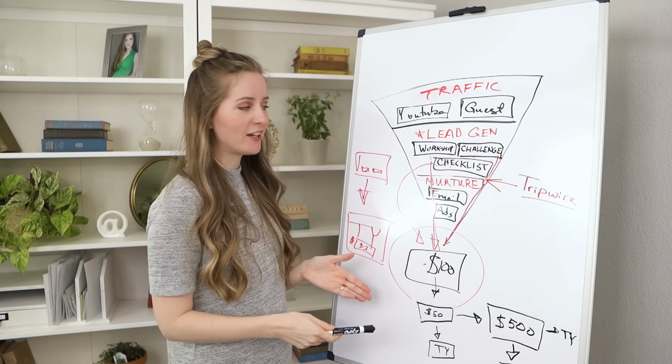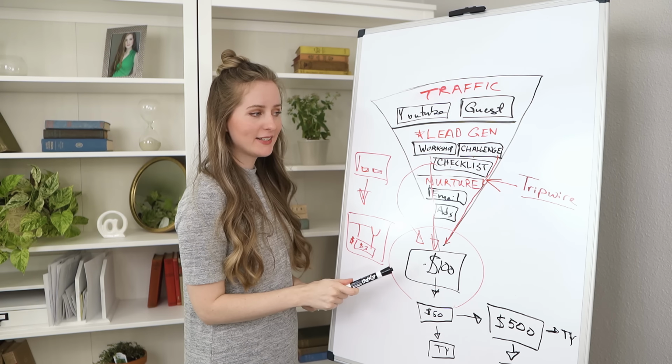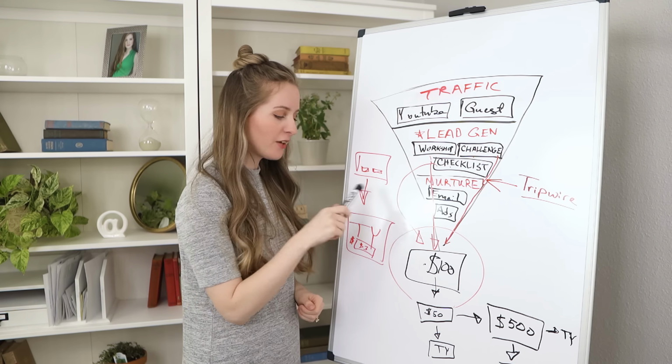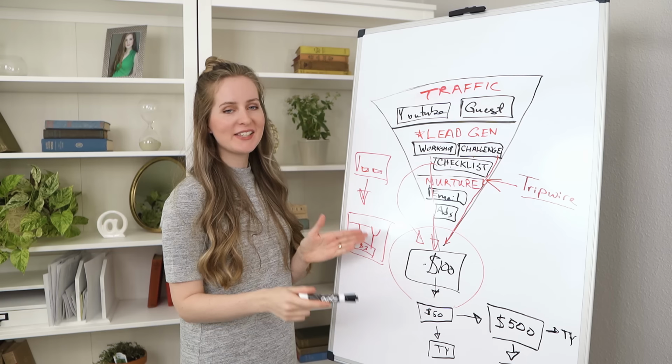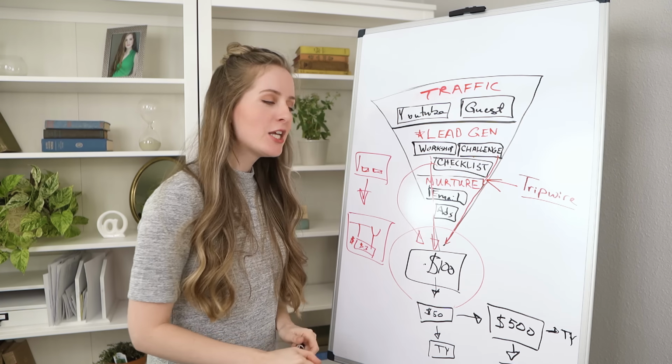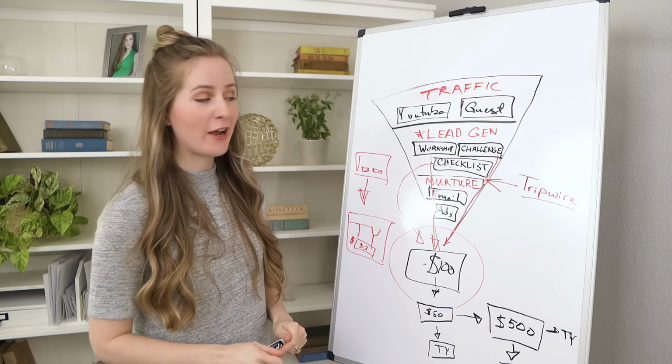The third tip was to use a Tripwire to increase your conversion rate, okay? Because these people have already bought something from you, so they'll trust you more. And then the final tip is to use a value ladder to increase your average cart value so that you make more money on average for every sale that this automated funnel produces.